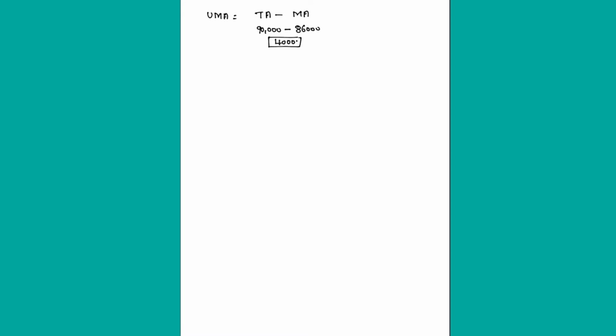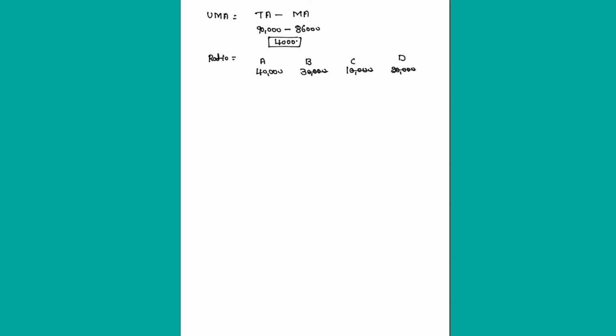So identify the ratio. The ratio is A 40,000, B 30,000, C 10,000, D 20,000.